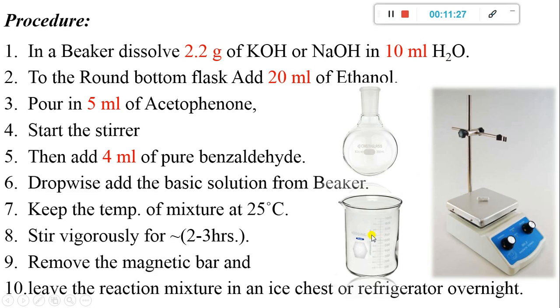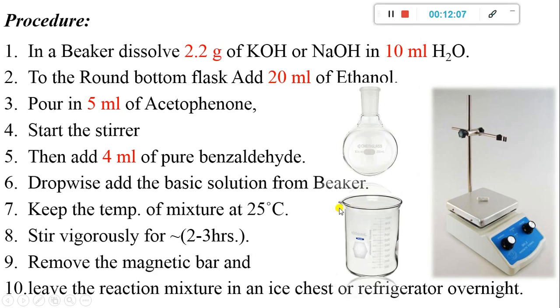Then to the round bottom flask add 20 ml of ethanol and pour in 5 ml of acetophenone. Start stirring after connecting to the stirrer device, and then add another 4 ml of pure benzaldehyde to this round bottom flask.